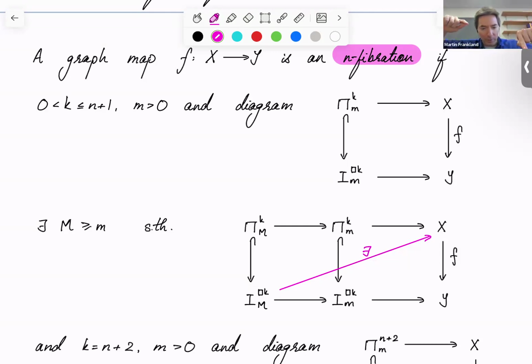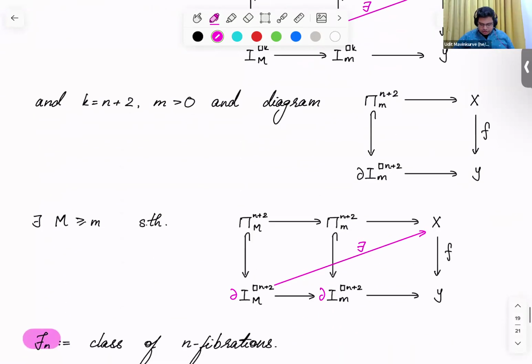Can you scroll down a little bit? Let's see. So it changes by having this boundary instead of just the box. But I think that's taken care of, because if you have the lifting property against the inclusion of the open box into the cube, or maybe it's vice versa. I'm a bit worried about that one.